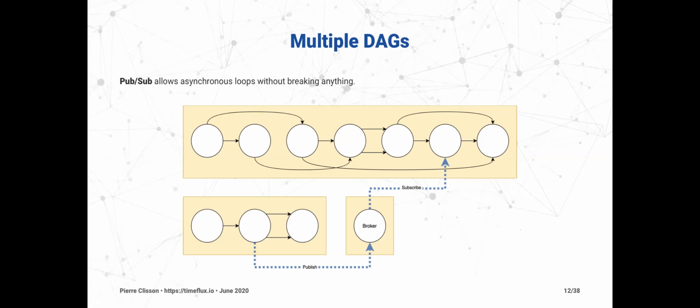This broker is responsible for managing subscriptions from other nodes and keeping the data while it's available. On the first graph, the first yellow box, you can see one node which subscribes to a topic. Subscribers express interest in a topic, and publishers publish data to this topic.